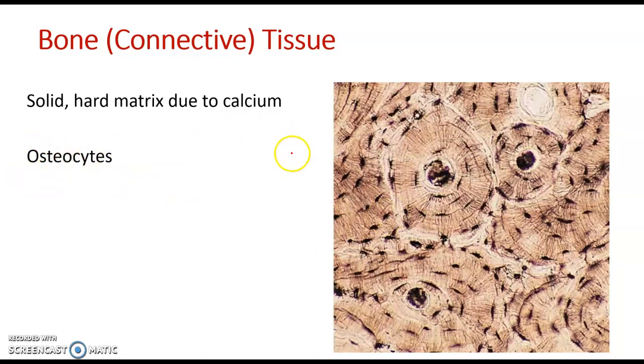And we hopefully remember about connective tissue that one of its key characteristics is that the cells tend to be really, really spread apart, and there's a lot more extracellular matrix in between, and this is no exception. And that matrix just happens to be a hard solid rather than some of our other tissue types.